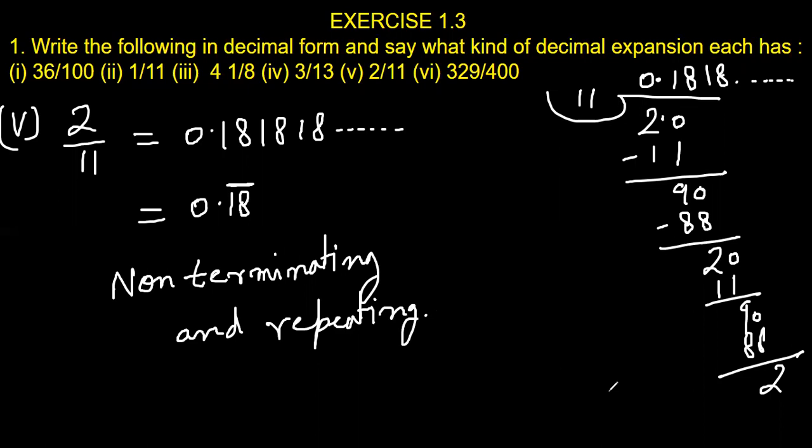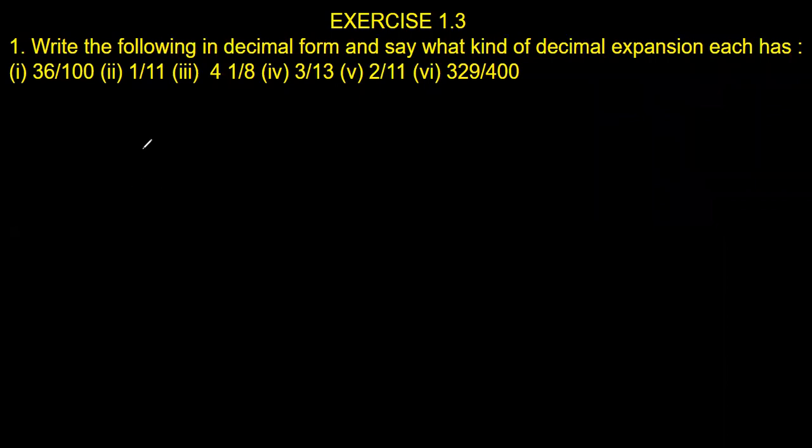Next is part 6, which is 329 divided by 400. So let's divide by 400, and this number is 329.